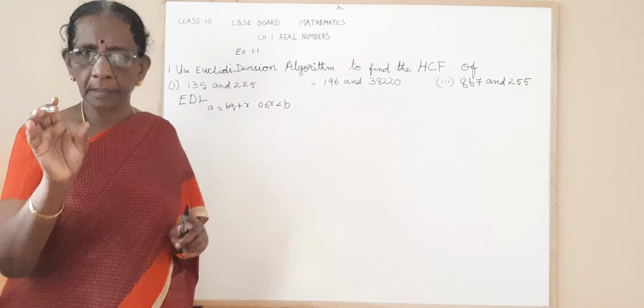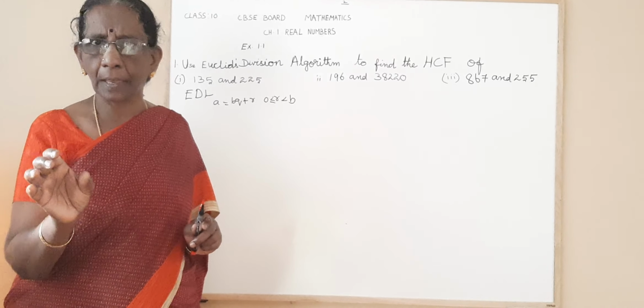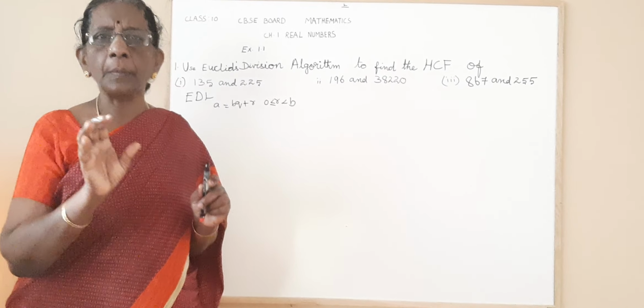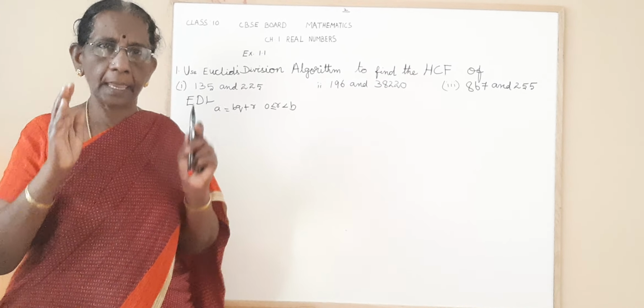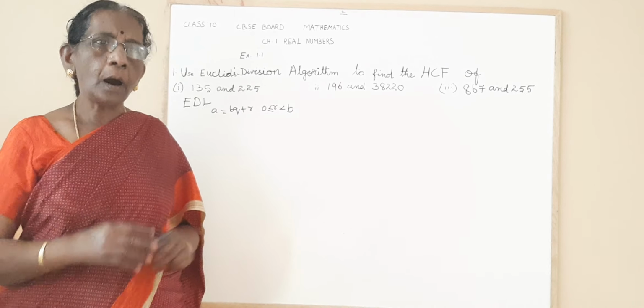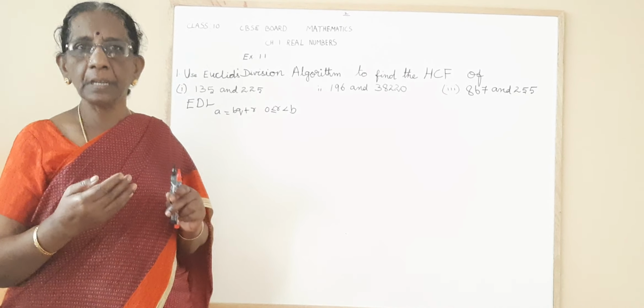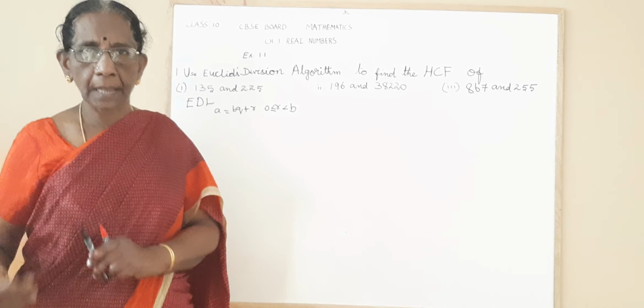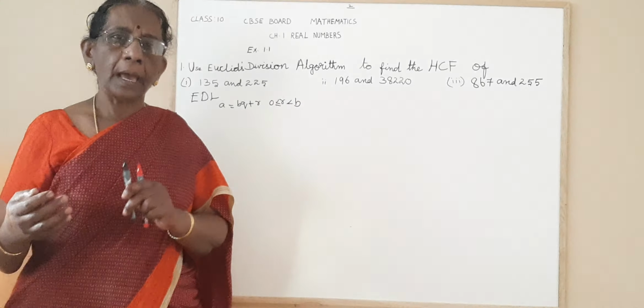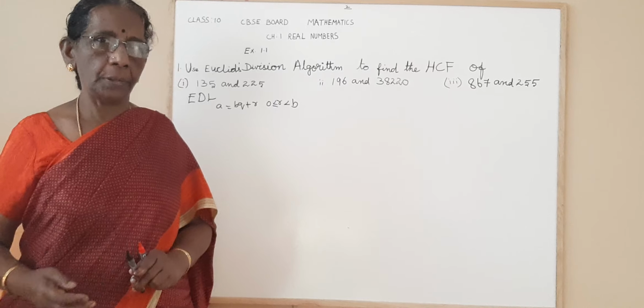Okay children, I told you what a factor is: an exact divisor. So the greatest common divisor and the highest common factor denote the same. Have you understood? Now let us see how we are going to use Euclid's division lemma step by step to find the highest common factor of the given numbers.